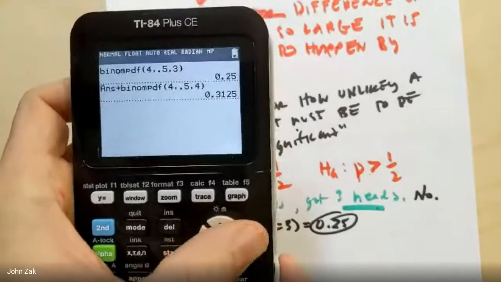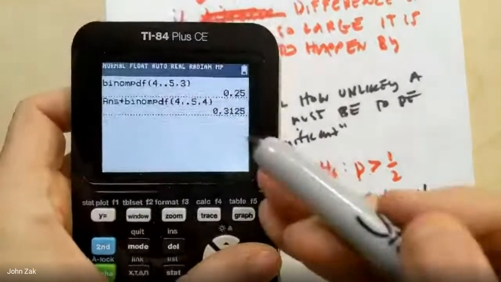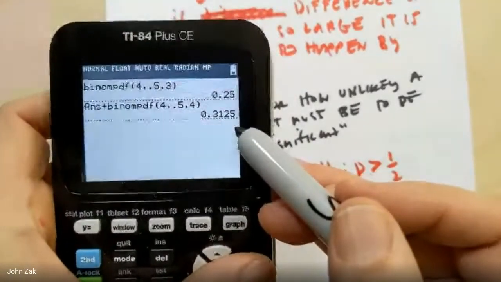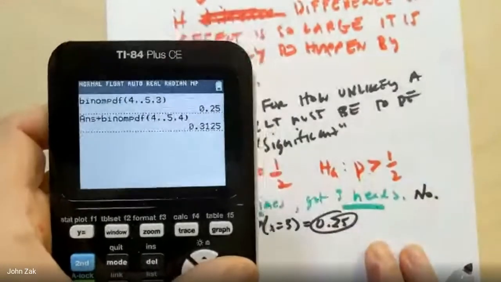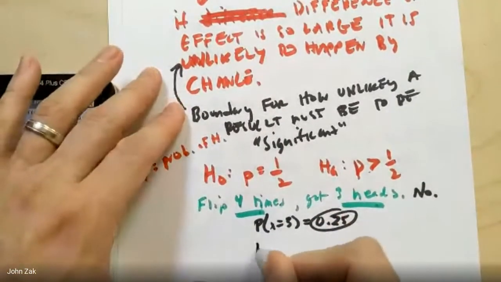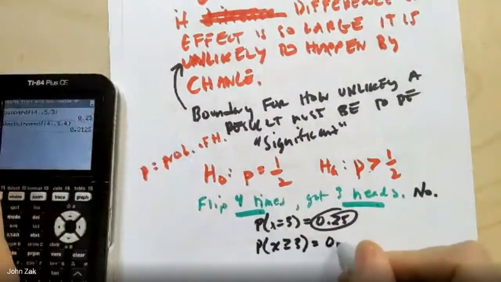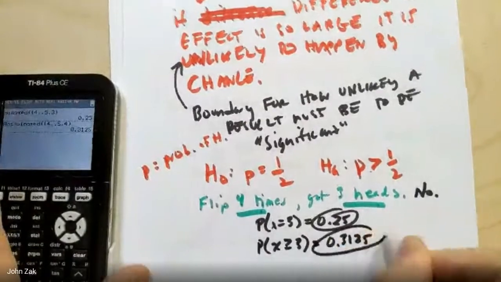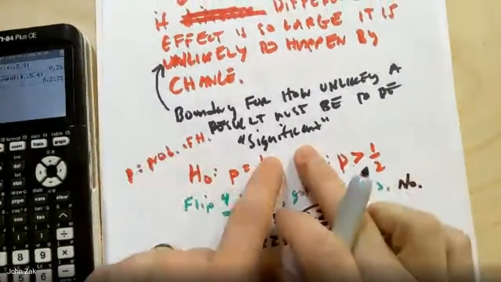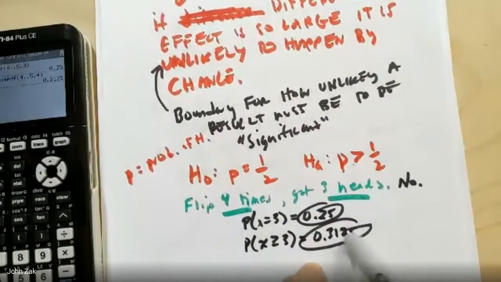If I added to that the probability of 4 out of 4, the actual p-value for this scenario would be 31.25%, because that's the probability of getting this particular result or something more extreme. The p-value would be the probability that x is greater than or equal to 3, which will end up being 0.3125. So we would say this is not significant. Just obviously, it's not that hard to get 3 heads out of 4, and we could even calculate it. The probability was really high, 31.25%.